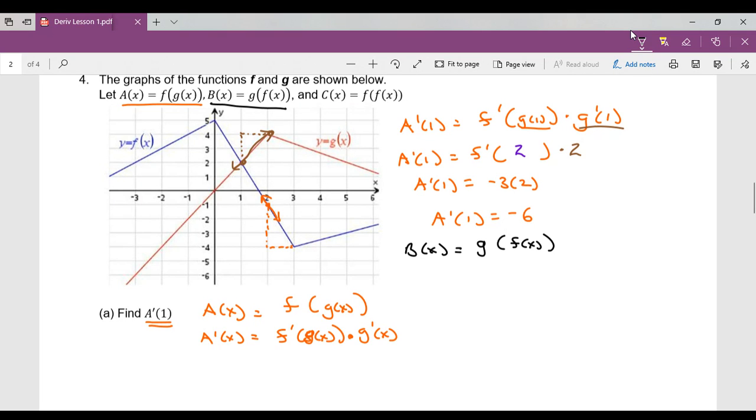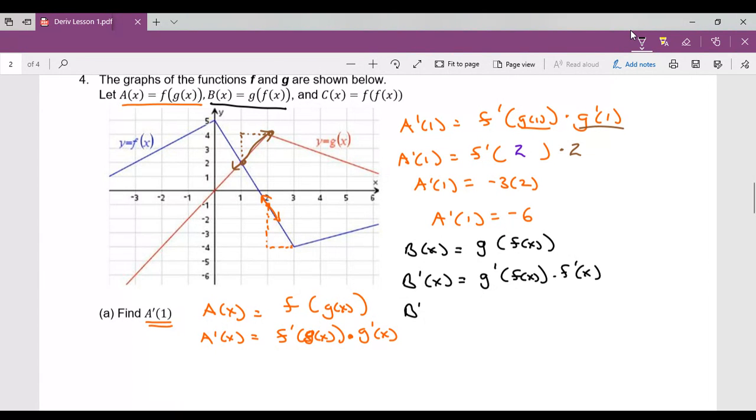It's g of f of x. So the first thing I would do is find b prime of x. I view this as g of stuff. The derivative of that would be g prime of stuff, don't mutilate stuff, times the derivative of stuff, the derivative of that innermost function. That's just using the chain rule. It's exactly this, just g and f switched, no big deal.